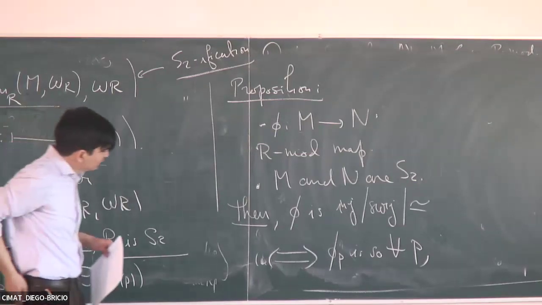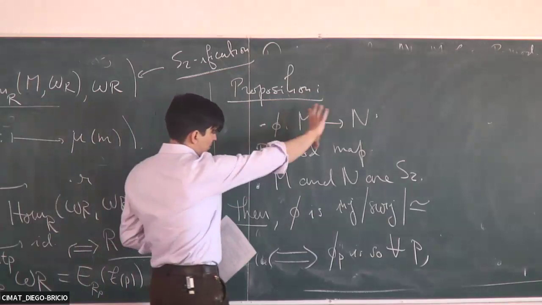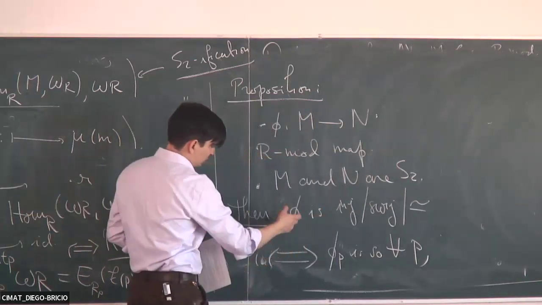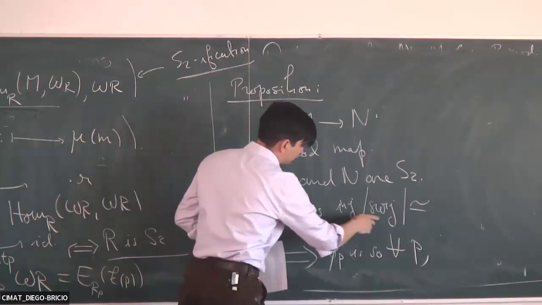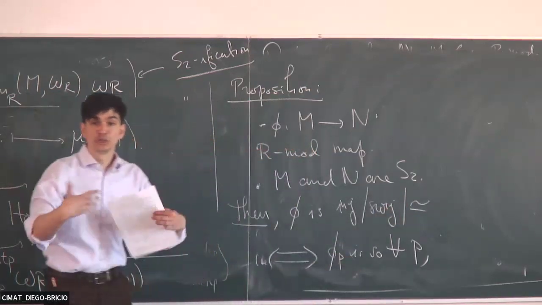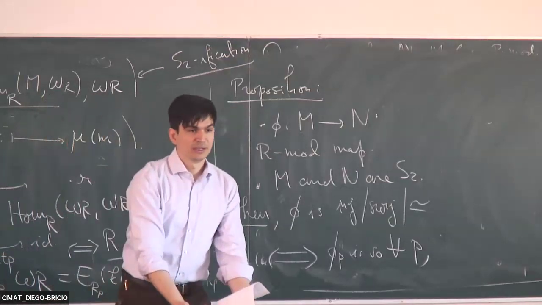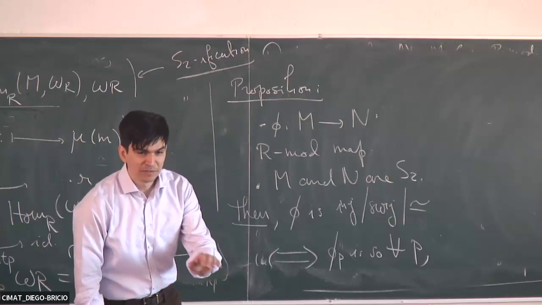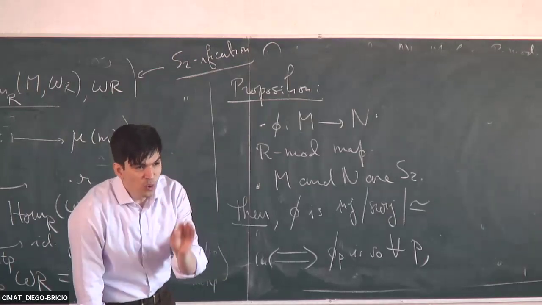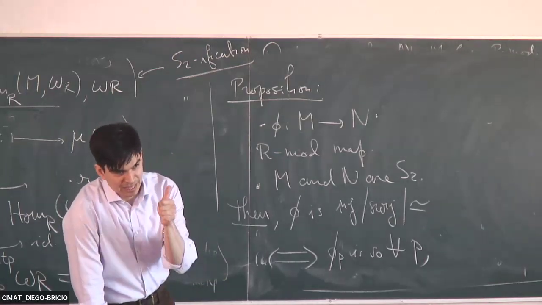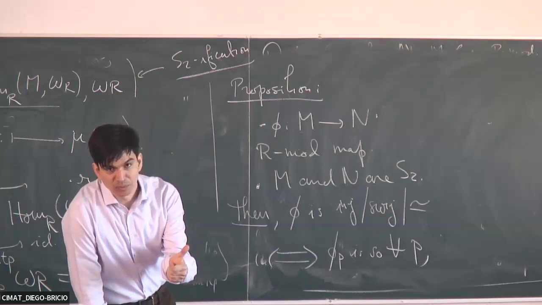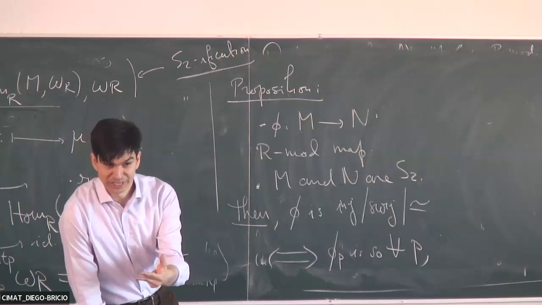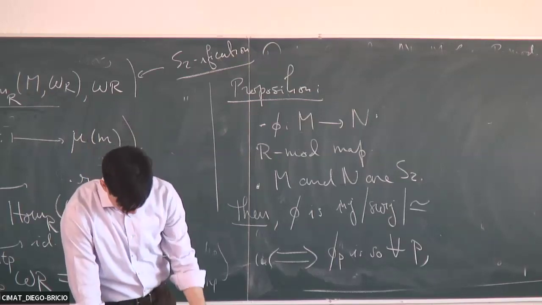I'll give you a few seconds to read it. So we were saying that if you have any morphism of modules, and both modules here are S2, and you want to prove that phi is injective, surjective, or an isomorphism, well, you know that you can do that locally at every P. But if M and N are S2, you only have to do it generically, in other words, at the height 0 points, and at the height ones, which is a crazy simplification.